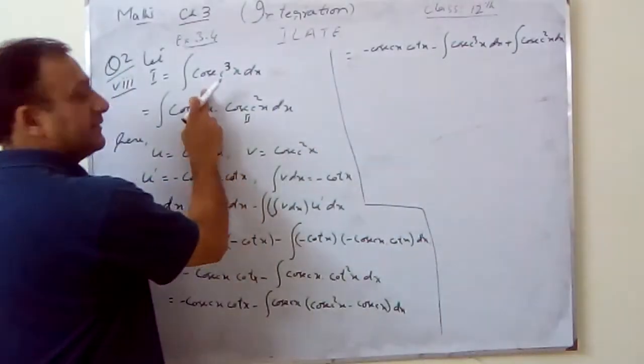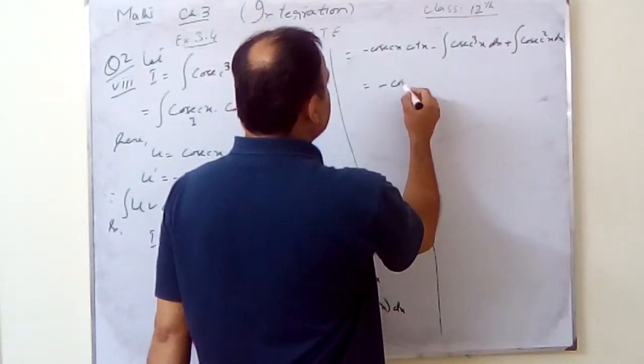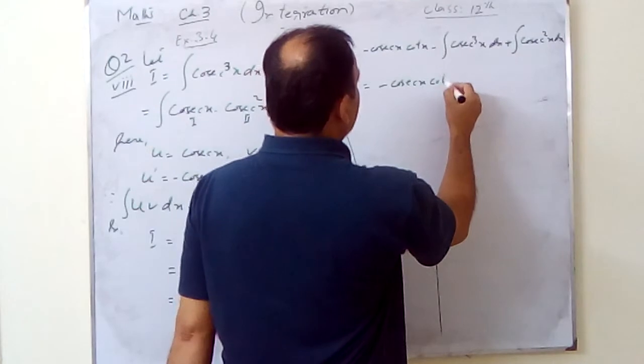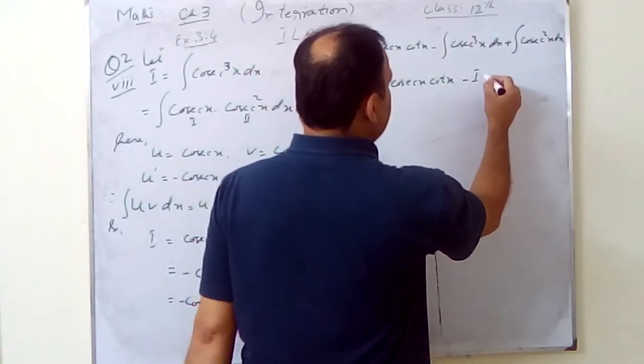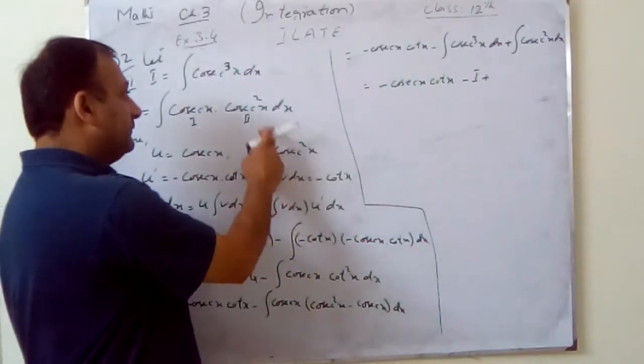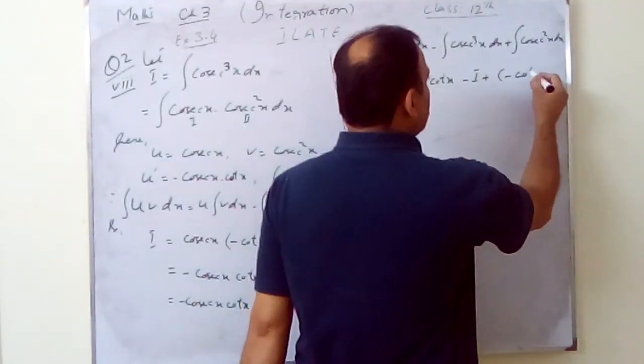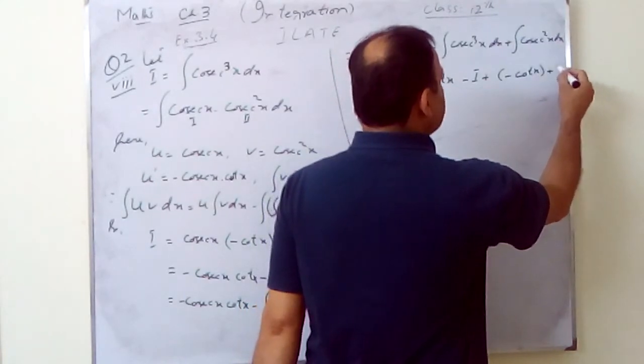This is the given value, so we have minus cosecant x cot x minus I plus the integral of cosecant x, which I have just taken as minus cot x plus c1.